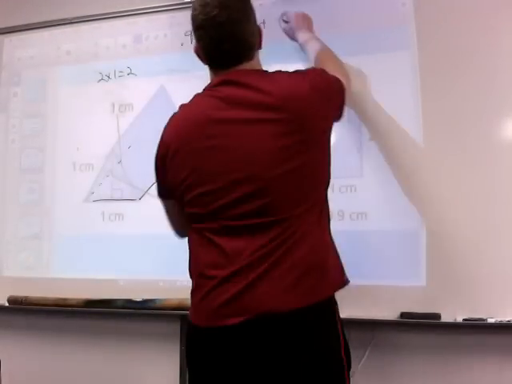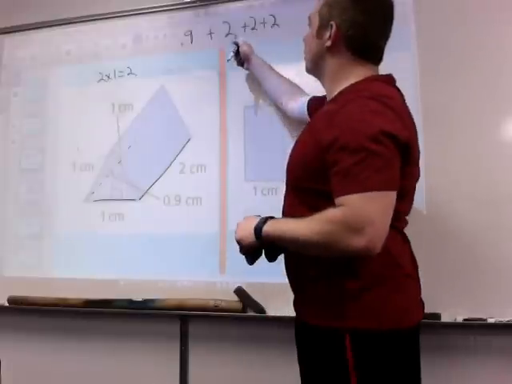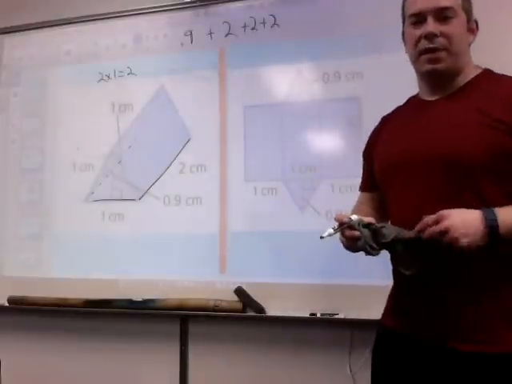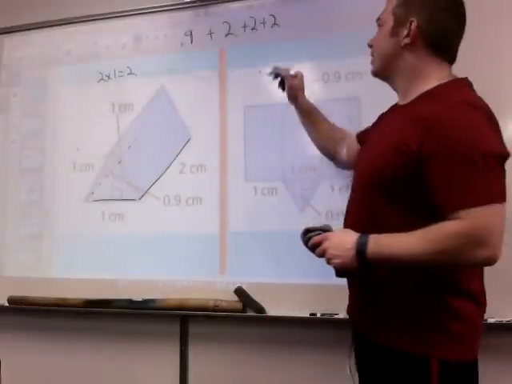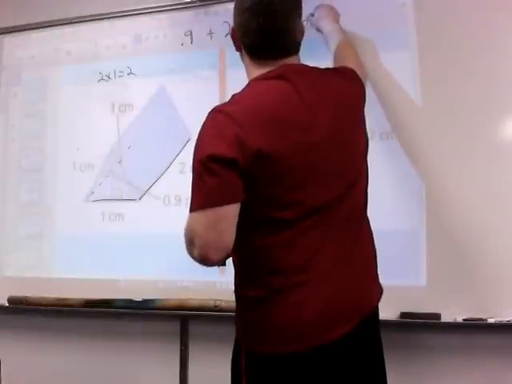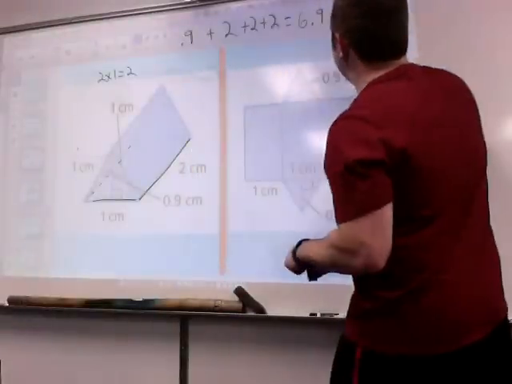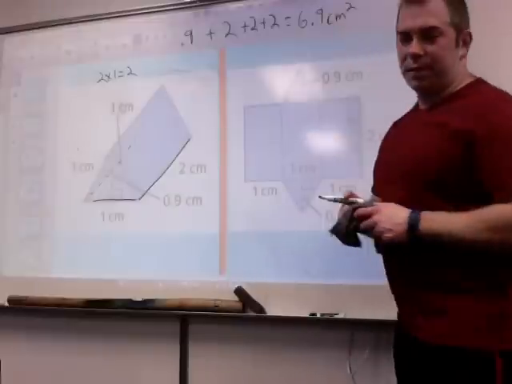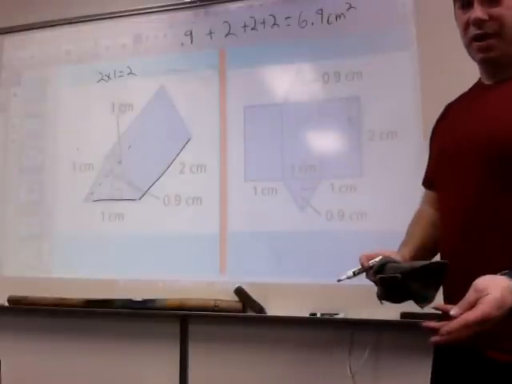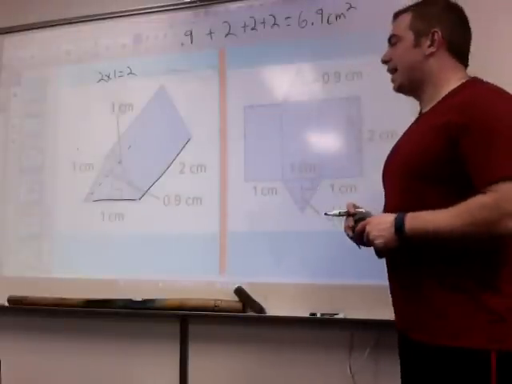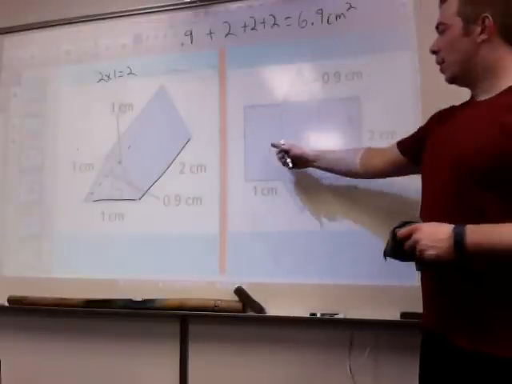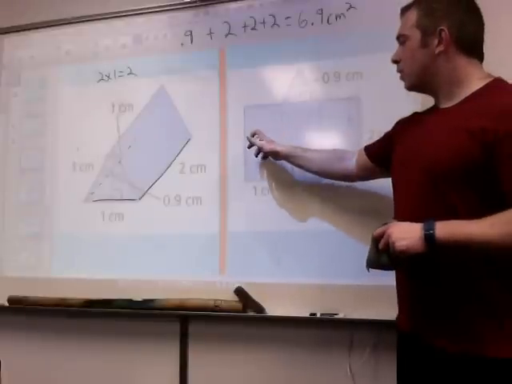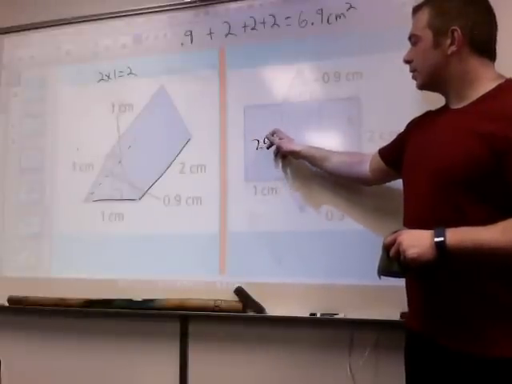So my total surface area is 2 plus 2 plus 2 plus 9/10. That would equal 6 and 9/10. So the surface area is 6 9/10. These are centimeters squared because we're finding area. Surface area is just area, but all the sides added up. There's 5 sides. So if I break it down, this would have been 2 centimeters area.